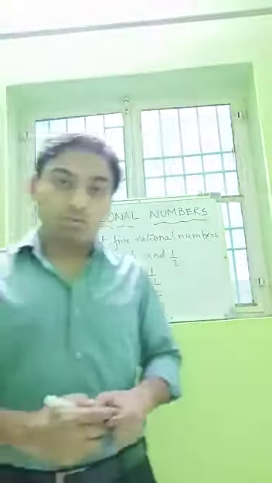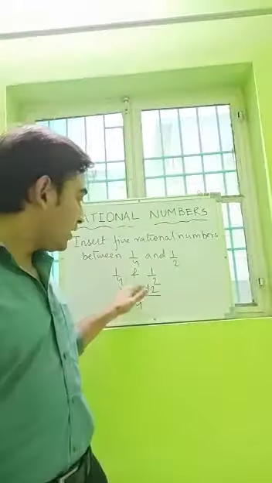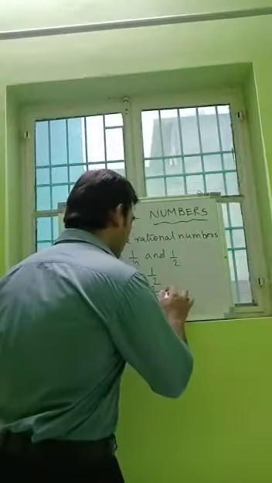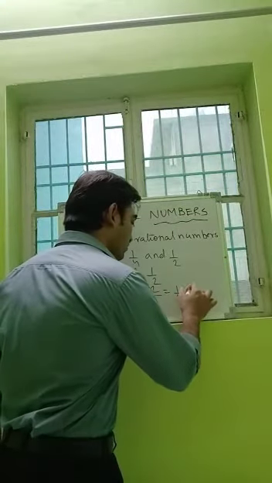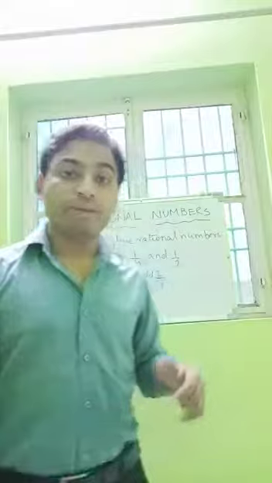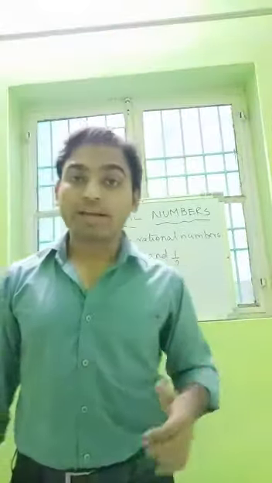And when you solve, you get 1 upon 4 and 2 upon 4. Now separate it. Now after taking LCM we get 1 upon 4 and 2 upon 4.